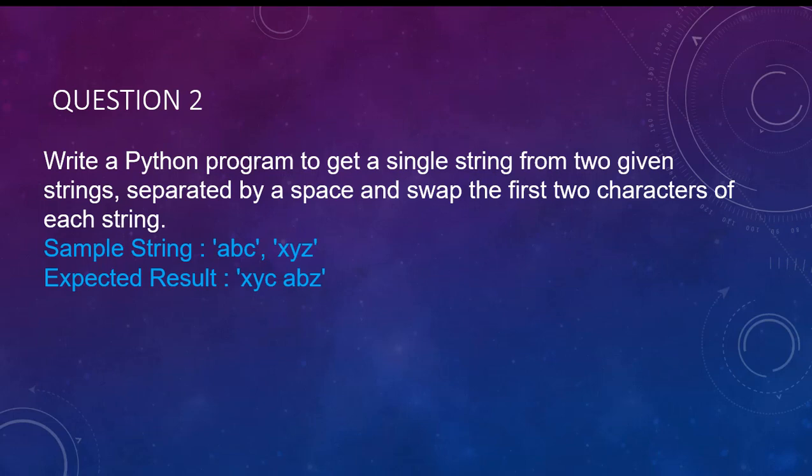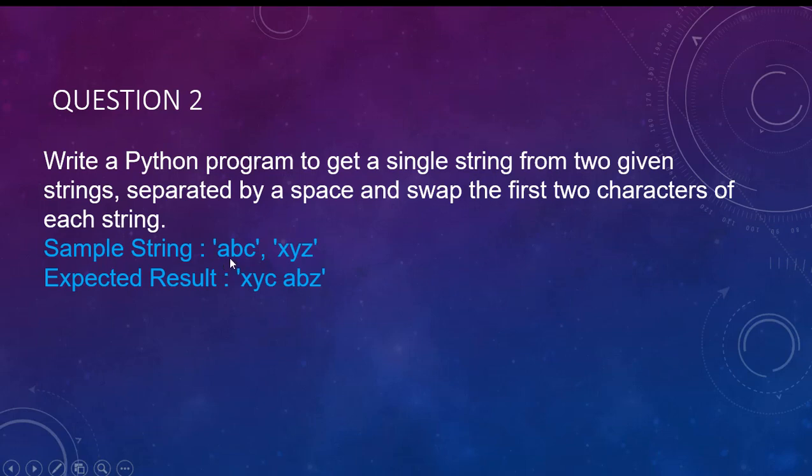And the second question is for you to do at home for practice. So let us read and I will explain what it is. Write a Python program to get a single string from two given strings, separated by a space, and swap the first two characters of each string. Okay, so now you can see we have a first string ABC and the other one is XYZ.